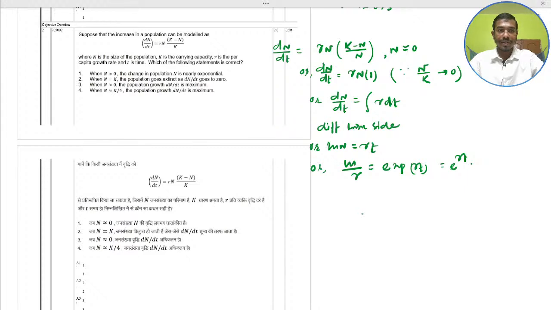So option A would be the correct. When N tends to 0, the change in population is nearly exponential. So option 1, the exponential, would be the correct.